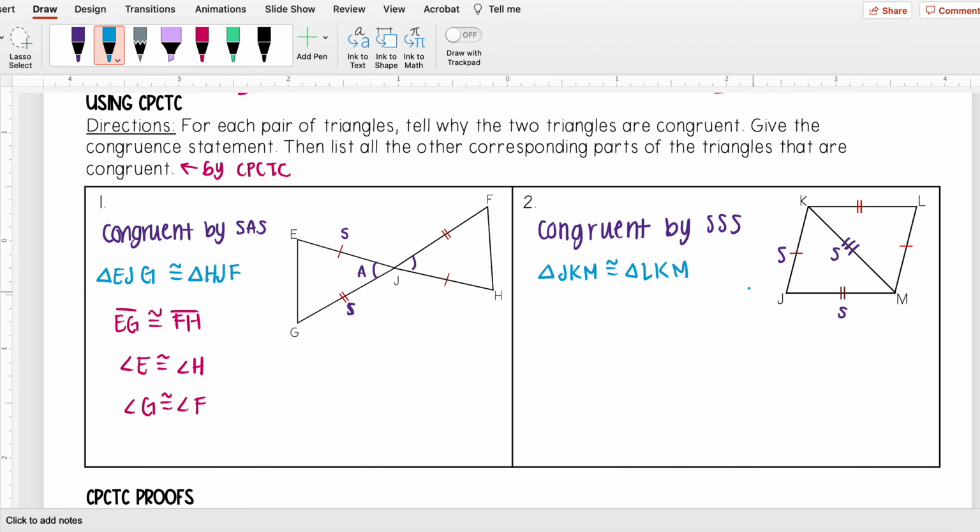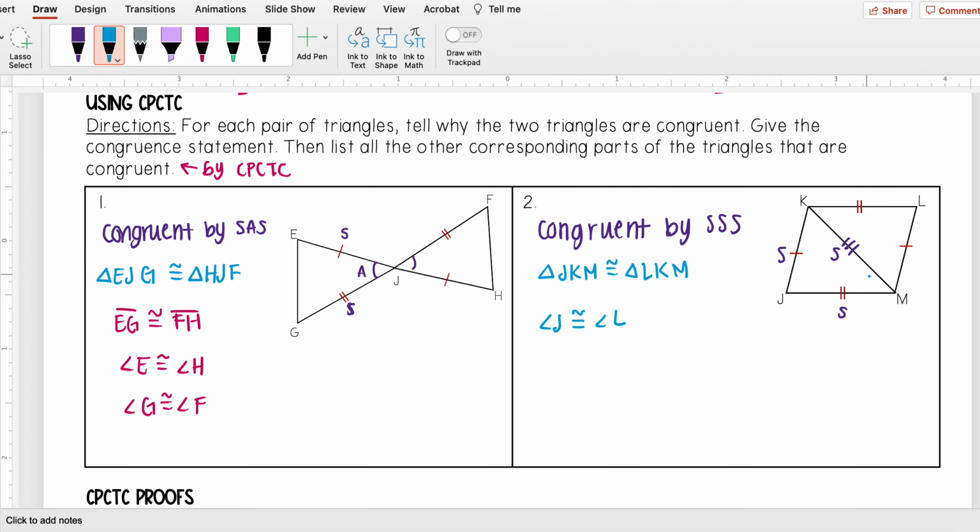And now I need to say my angles are congruent. So I know that angle J is congruent to angle L. And now for these next two I have to be careful, because I can't just say angle K, because angle K would be this entire angle. So for these next two, I need to actually write them out with three letters.